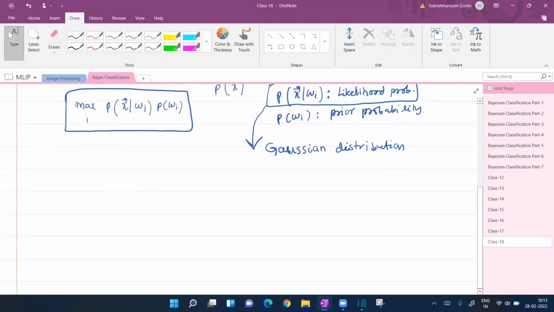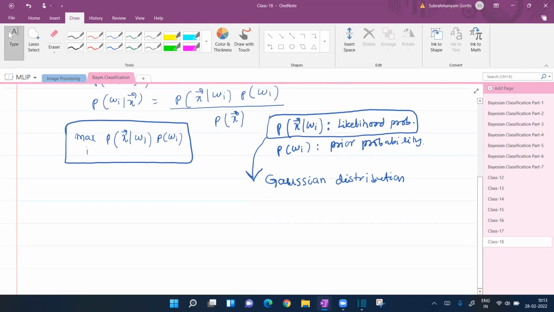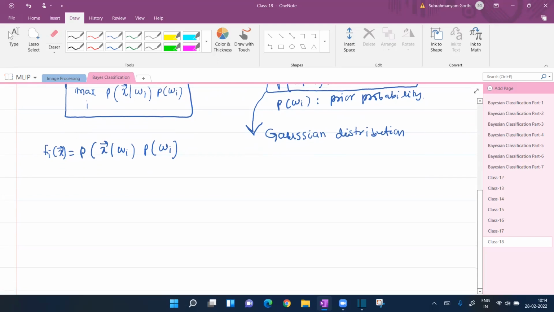Essentially, you need to compute for each class the probability of x bar given omega i into probability of omega i. Let's say you compute it for one class, that it be fi of x bar.